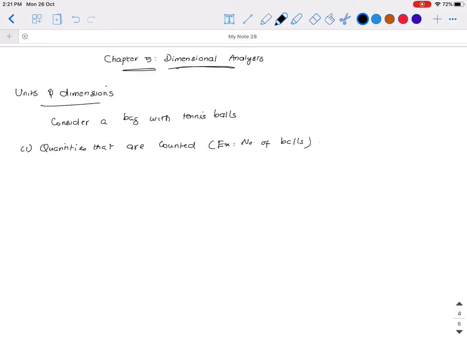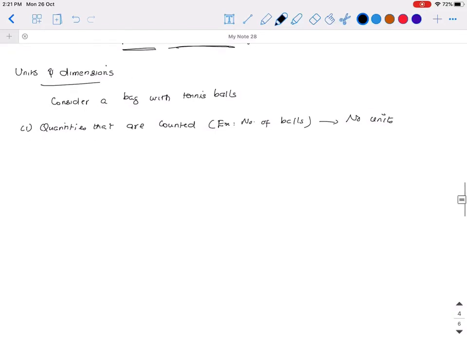These quantities will have no units; the number of balls in the bag is just a number. Second, quantities that are measured, for example, the total mass of the bag. This will have appropriate units.